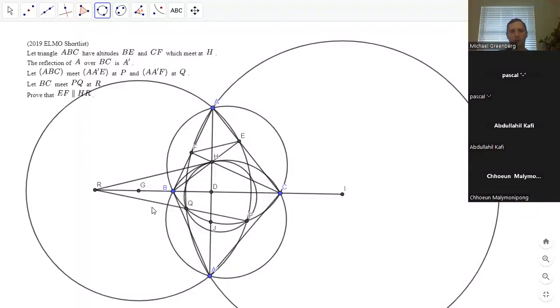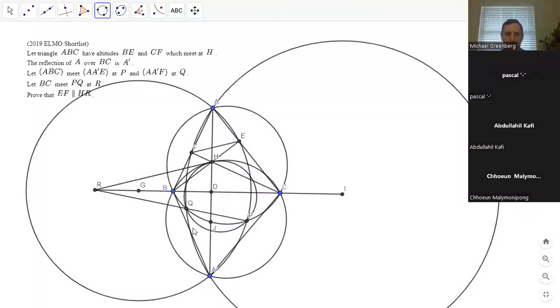Because AF times AB equals AH times AB equals AE times AC. So it would send B to F, C to E, and H to D. So basically it would send the circle BHC to DEF, which is the 9-point circle.